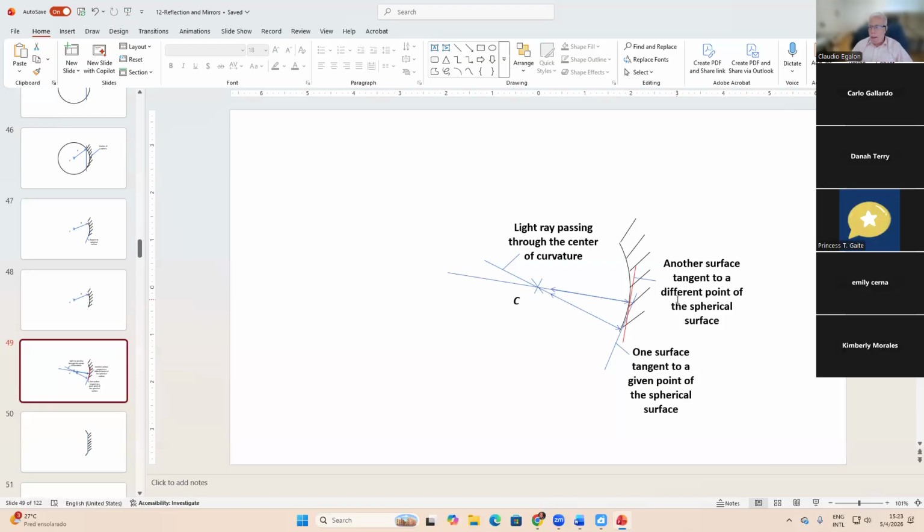I have a question, Professor. You said it's similar to a hubcap. Would it be similar to the lens in your glasses, like how it's concave? Yes, this surface here is concave, right? The lenses of your glasses we're going to cover later on in the next chapter. We have a surface that's either concave or convex.